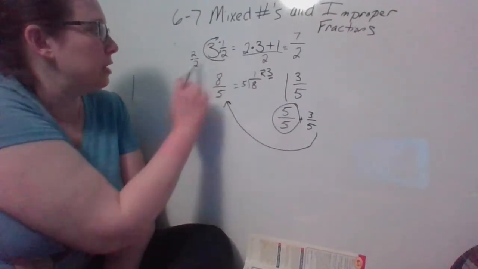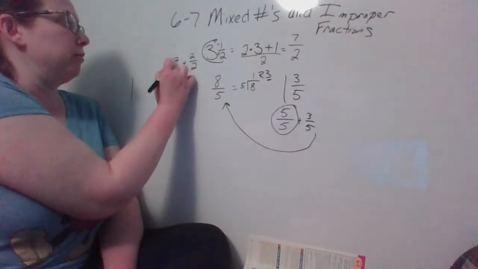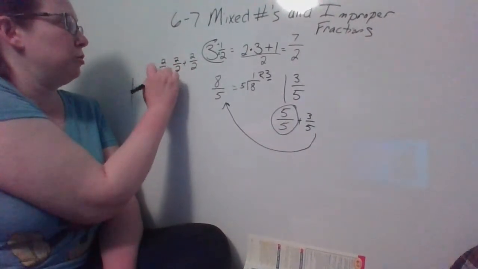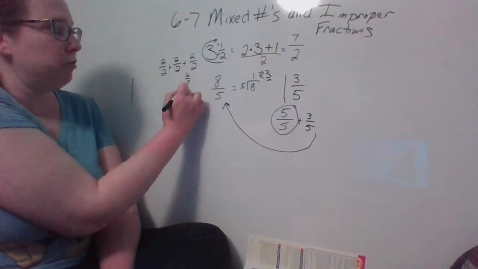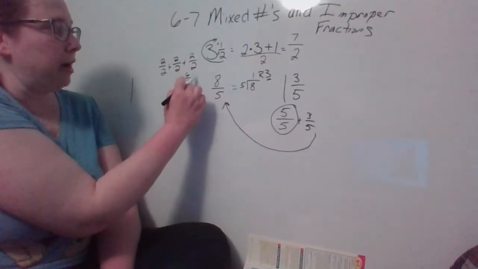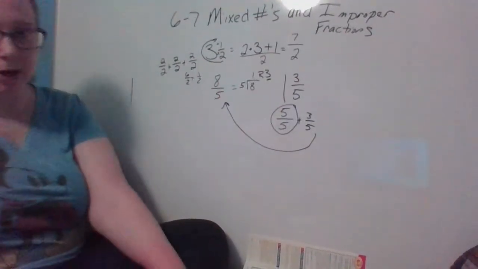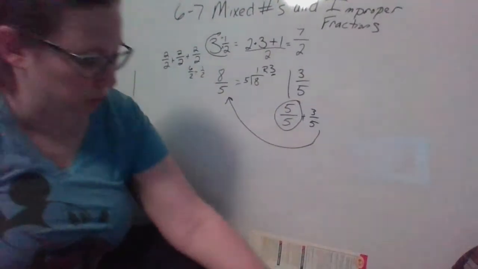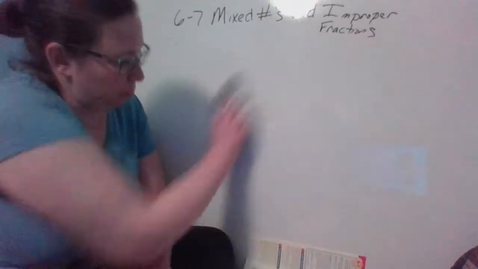So 3 times the 2, which is our denominator. You could also think of this as 2/2 plus 2/2 plus 2/2. That would equal 6/2. And then you still had that 1/2. So if we added those, we would get our 7/2. Let me show you a few more examples going through these.